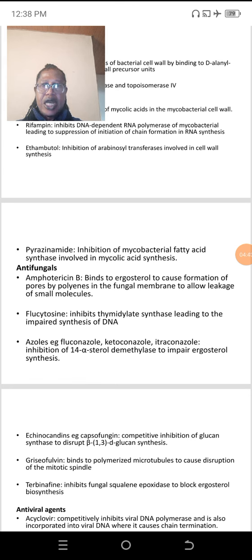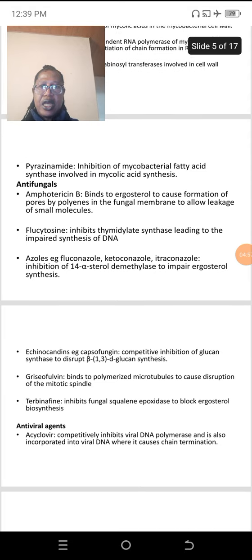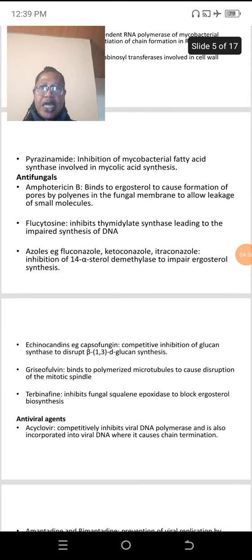For the azole antifungals, examples of which are fluconazole, ketoconazole, itraconazole, these ones act by inhibition of 14-alpha sterol demethylase to impair ergosterol synthesis.